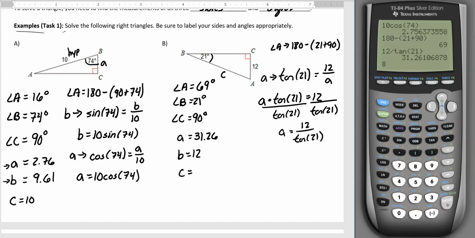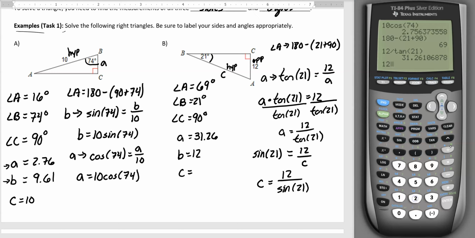So this time we will use the sine function, because it'll be our opposite and our hypotenuse from angle B. So it'll be the sine of 21 equals 12 over C. And from the same process that we did up here, we know that C is going to be 12 divided by the sine of 21.